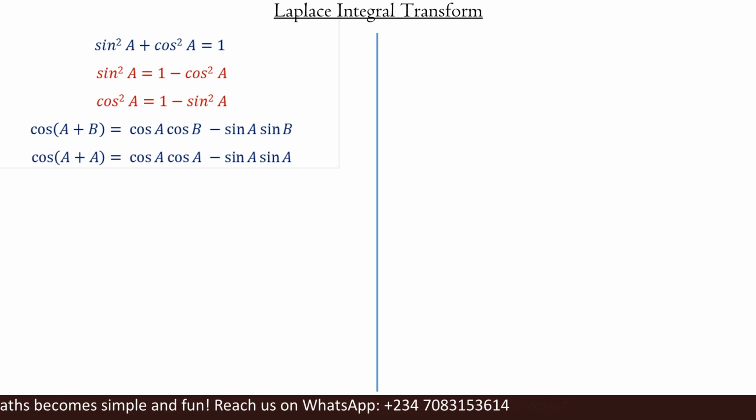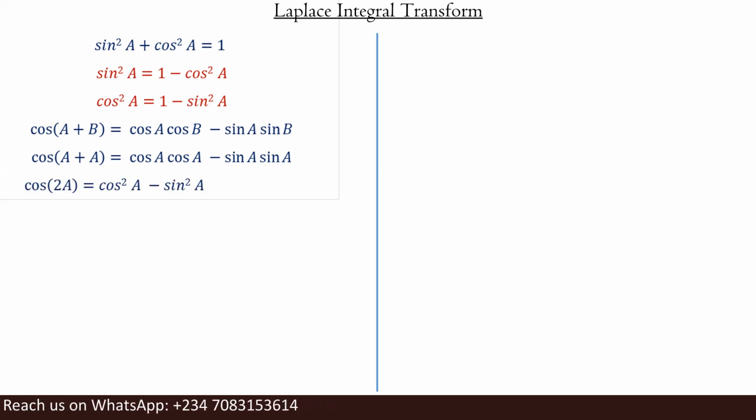We are replacing B with A, meaning we have cos A cos A minus sin A sin A. So cos A cos A is cos squared A, and sin A sin A is sin squared A, meaning that cos 2A is equal to cos squared A minus sin squared A.